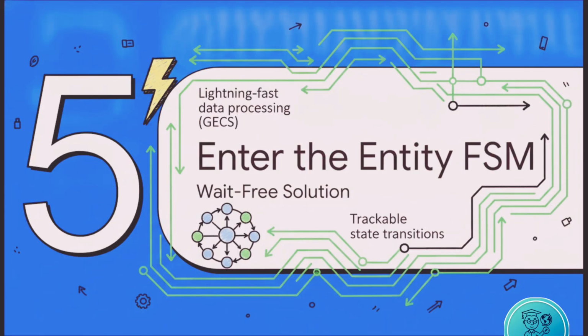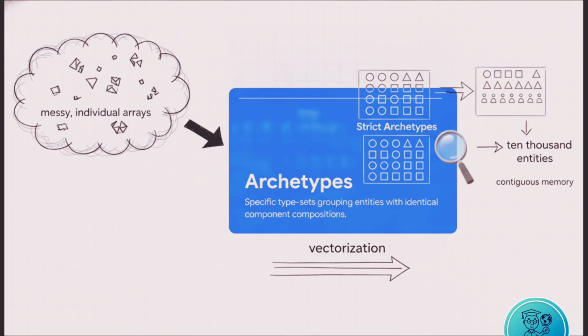Which leads us to our final piece of the puzzle. Part 5, enter the entity FSM. So what actually happens when we combine the lightning-fast data processing of an ECS with those highly trackable state transitions of an FSM? Well, we get the Graph Entity Component System, or GECS. And the real magic here lies in archetypes.